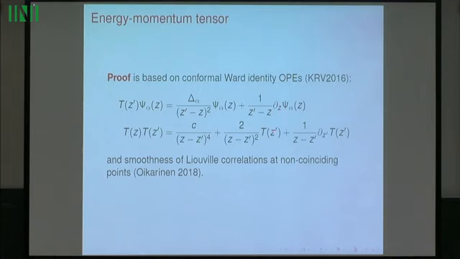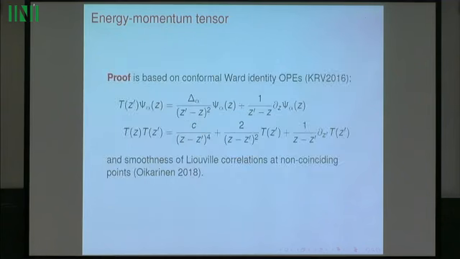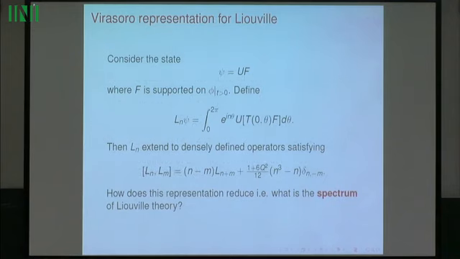So actually what happens is that all these insertions here just produce explicit factors times derivatives of the original correlation functions. And if you know that the original correlation functions are smooth, then you're done. And this was recently proved by Oikarinen. Okay, so once you have that, then you get Virasoro algebra in the following way.